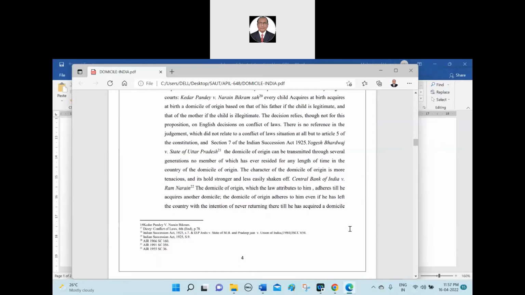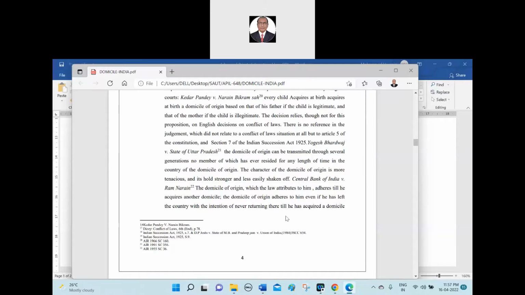The character of the domicile of origin is more tenacious, and it is held stronger and less easily shaken off. So domicile of origin is a very important factor, and that we should consider.